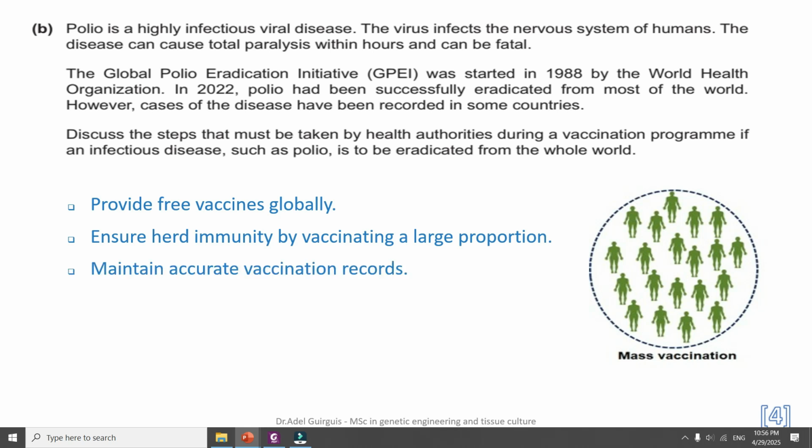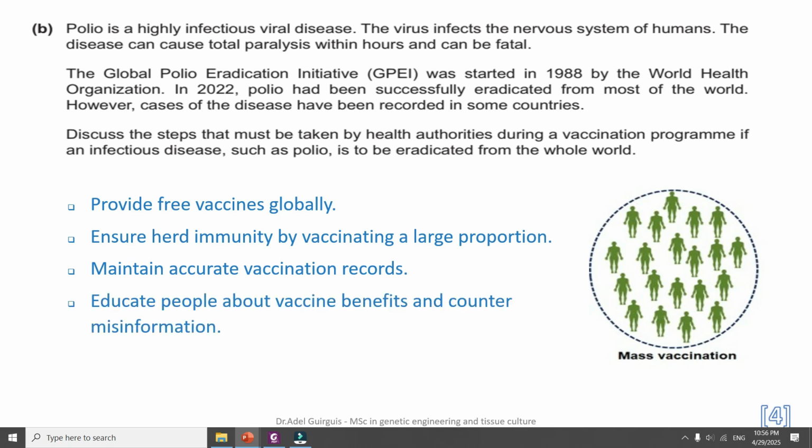Third, maintain accurate vaccination records about the percentage of the population vaccinated already or not yet, and so on. Educate people about vaccine benefits and counter misinformation. Sometimes misinformation leads people to avoid vaccinating their children. How come?